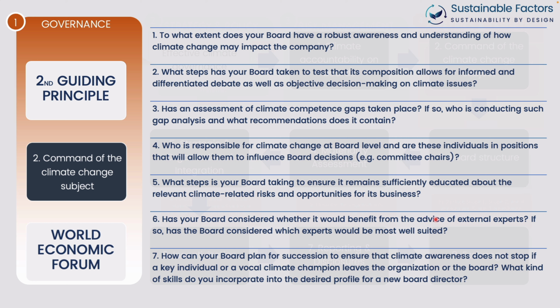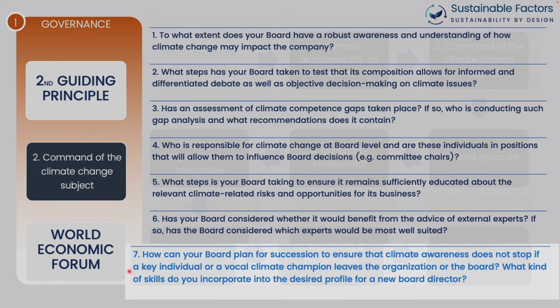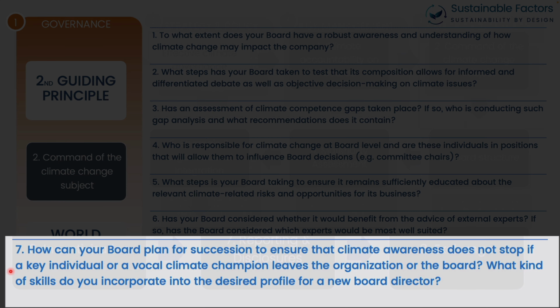Okay, so what I want to do now is take one of these questions and show you how I would approach the question in the context of using the TCFD Alignment Maturity Assessment. So please direct your attention to question 7 here. This is essentially the 7th question in the second guiding principle for effective climate governance as designed by the World Economic Forum.